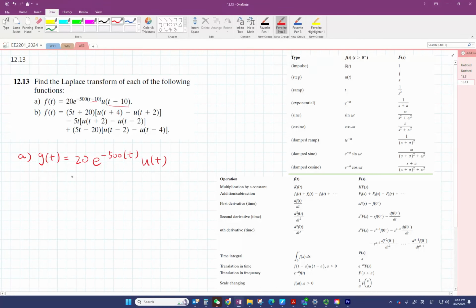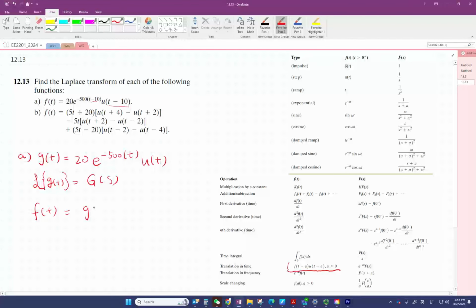Okay, if we can find the Laplace transform of g(t), we gave an example for G(s), then we can just use this property, the time shift property. Because f(t) is just equal to g(t minus a).